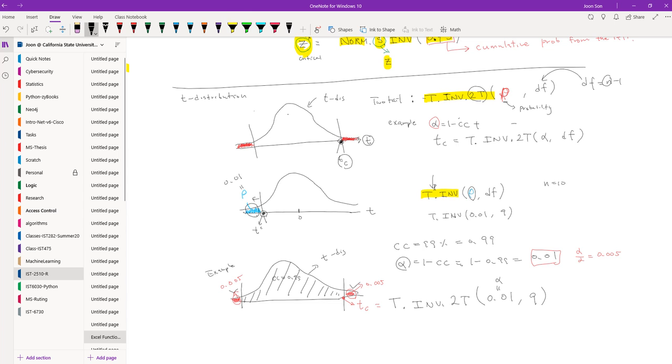A lot of people are confused with these two functions. I think it could be really confusing. For the first function, the probability P is this red area, and the return value is the right one, so you always get a positive return value from function 1.